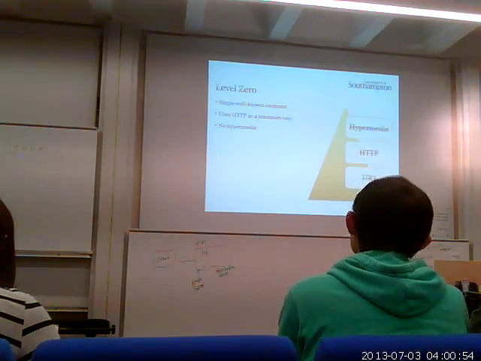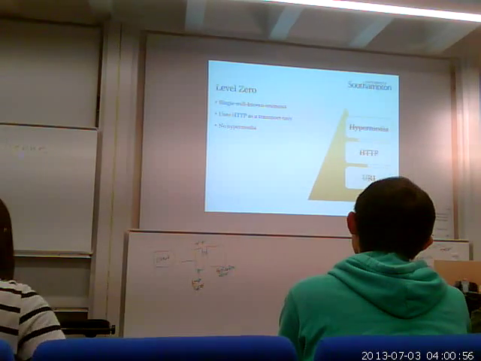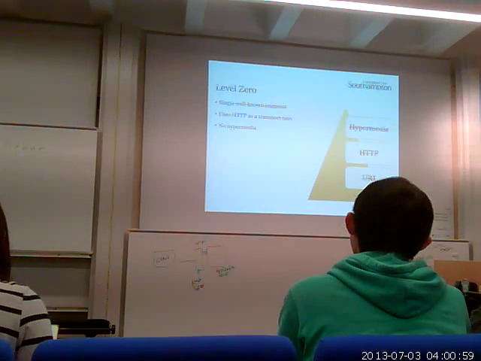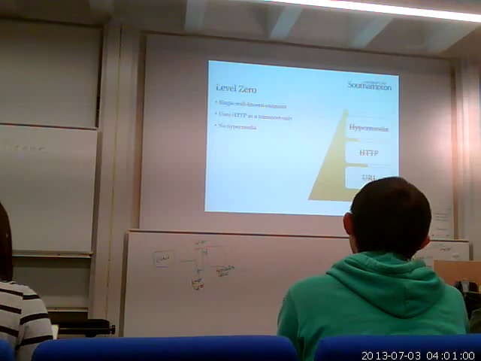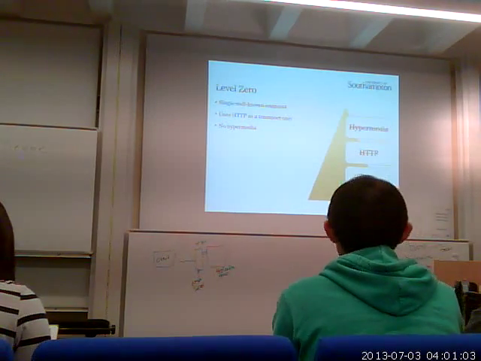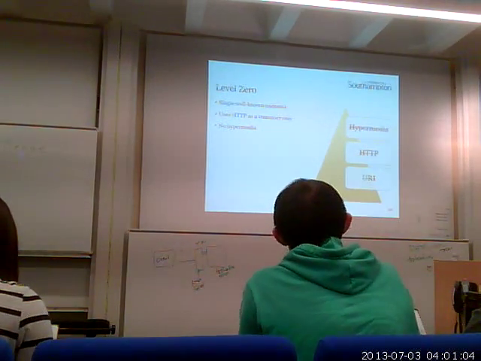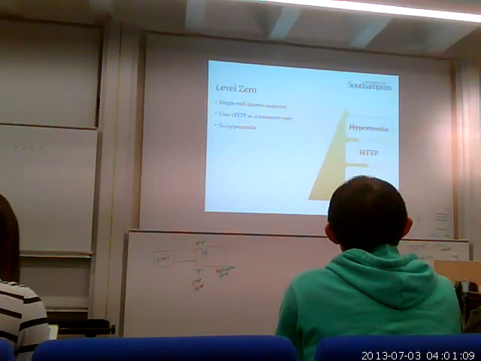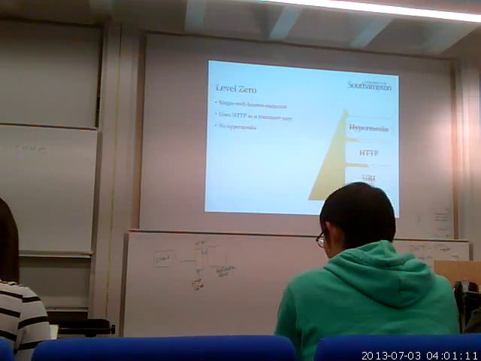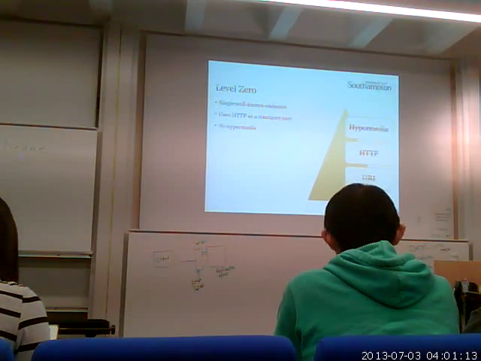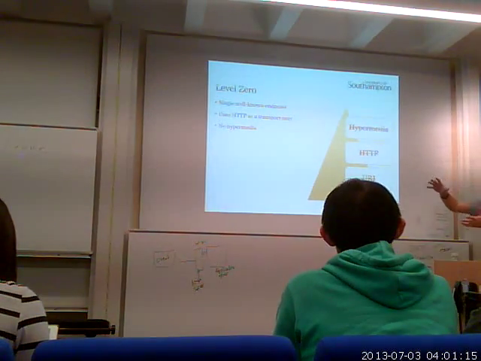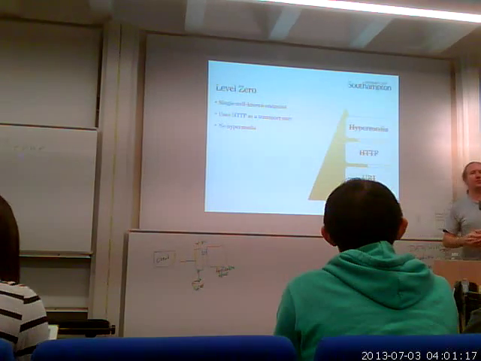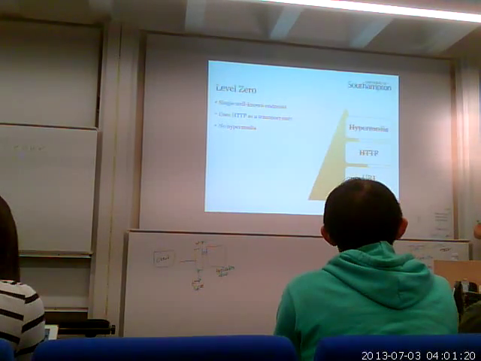So, we can define a level 0 where we use none of those really, or we don't use any of those to their strengths. We use a single URI, so we're not using our URIs to identify different resources. Our only resource is the web service in its entirety, so we're not making use of the power of the different resource identifiers.